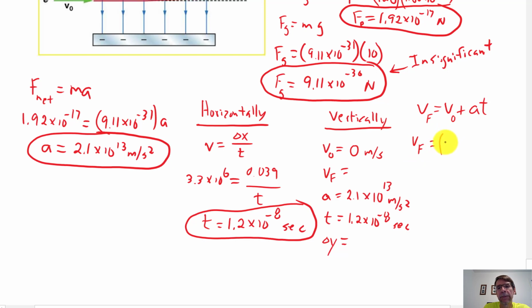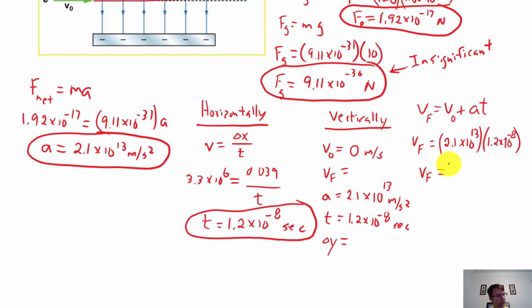And the a here is 2.1 times 10 to the 13th times the time, 1.2 times 10 to the negative 8th. So v sub f, 2.1 times 10 to the 13th times 1.2 times 10 to the negative 8th, is 2.5 times 10 to the 5th.